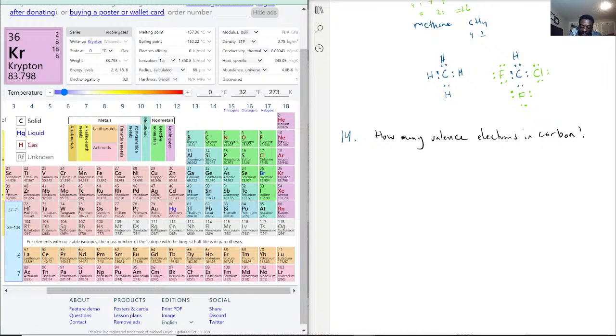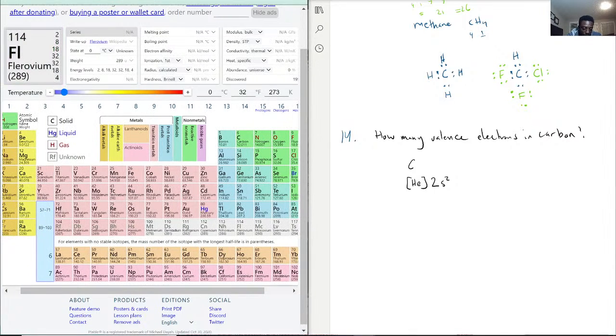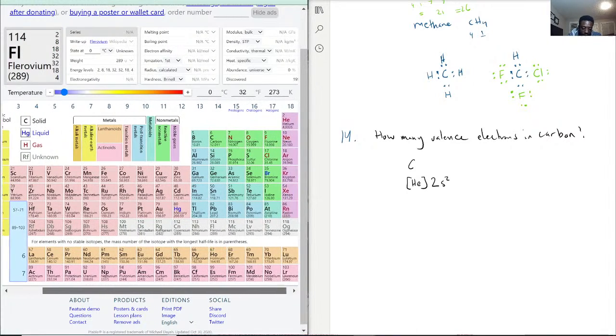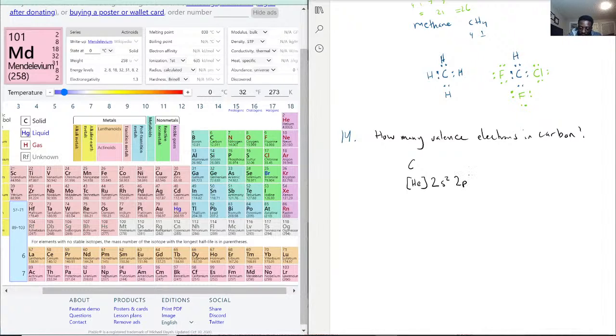So as you remember, carbon, right? When they run its electron configuration, it starts with helium, and now we go straight to the valence shell, 2s2, based on the 2 over there, lithium and beryllium, and then 2p2. You add those 2 in this corner together.